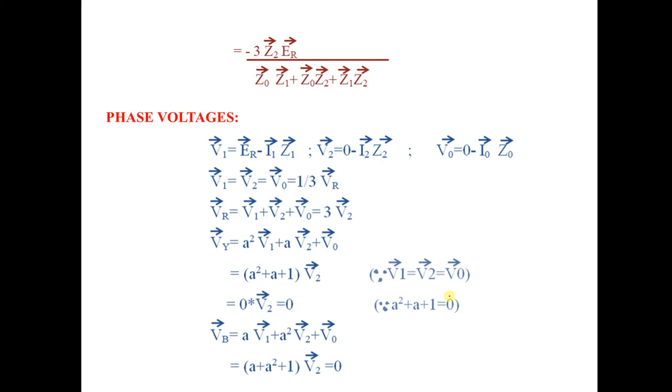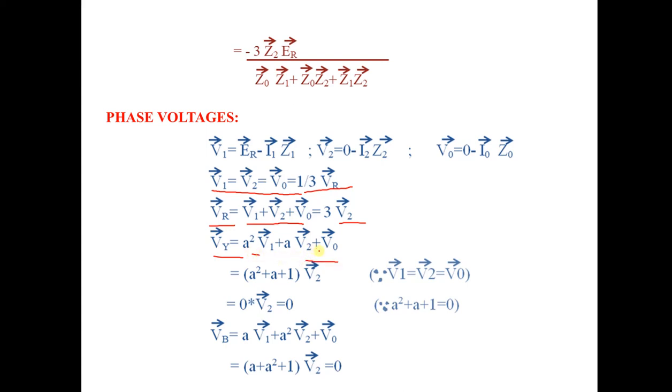Similarly for phase voltage, for the R phase, the drop is obtained as V equal to E minus IZ. So EY and EB are all equal. The voltages V1, V2, V0 will be equal to 1/3 of VR, and VR will be equal to 3 times V2. For VY there is a change in phase sequence, so A square V1 plus A V2 plus V0.